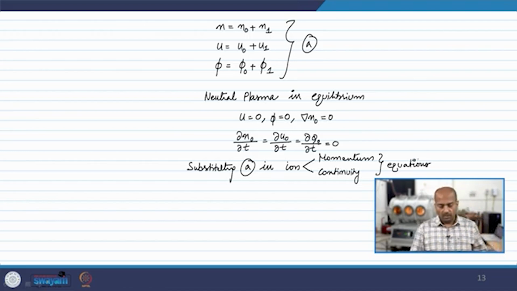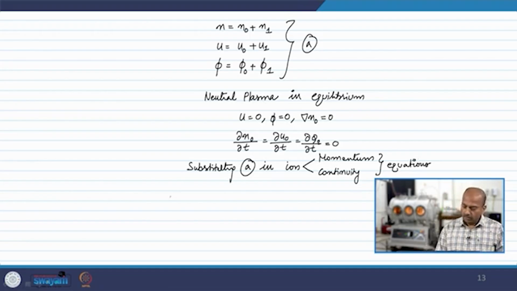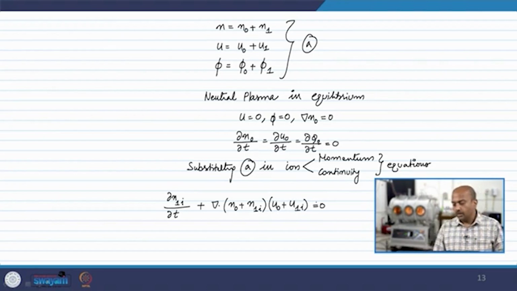I am writing all these things because it will develop a sense of continuity, and it will be easy for you to follow the algebra that I am doing. So, we will write dou N1i divided by dou t plus del dot of (N0 plus N1i) times (U0 plus U1i) is equal to 0. This is the continuity equation for ions.